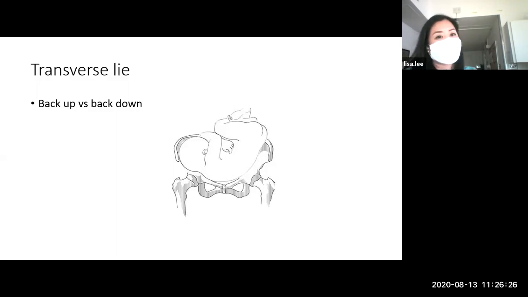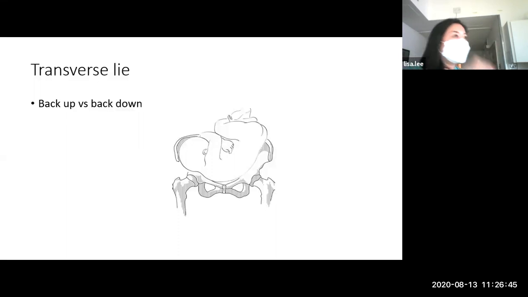Here we do it after 37 weeks, because when you do the version there's a risk of delivery and you want to avoid a preterm delivery. Or schedule a C-section at 39 weeks if they decline version or the version is unsuccessful.